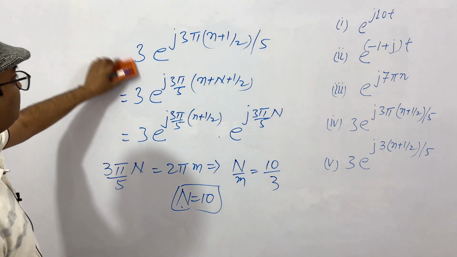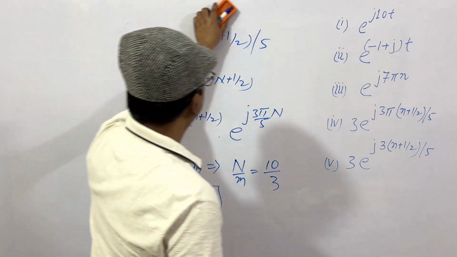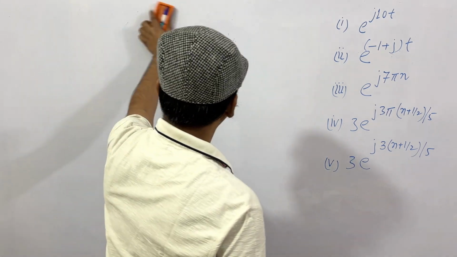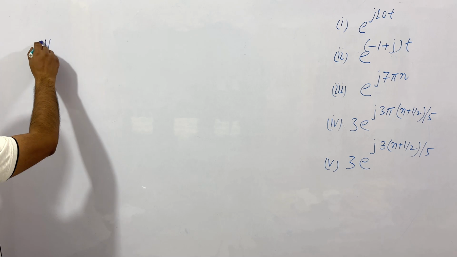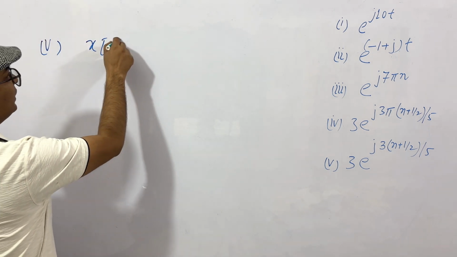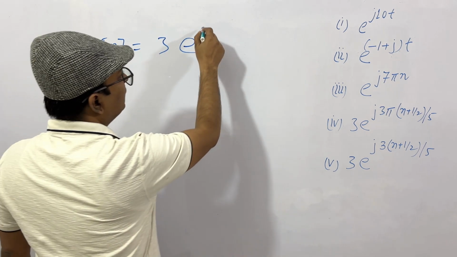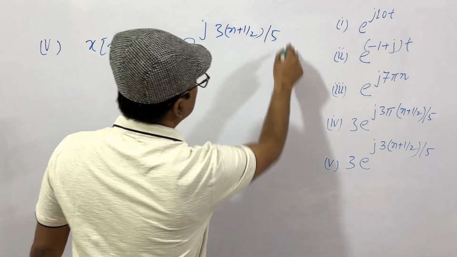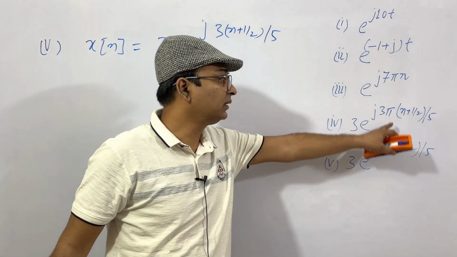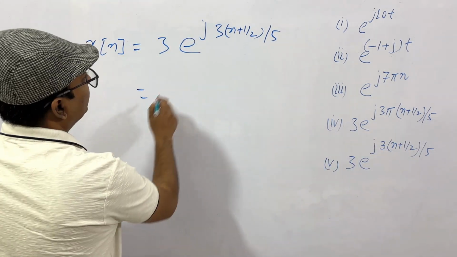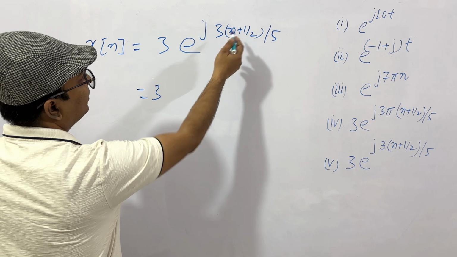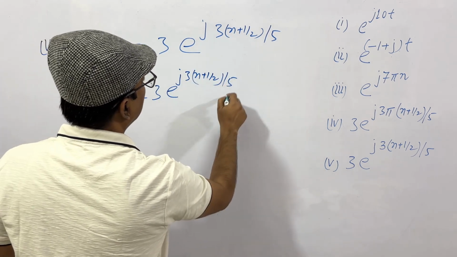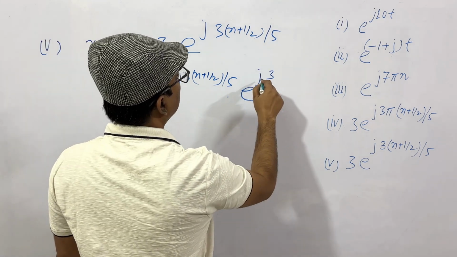Now let's see the fifth one. This is also discrete. x[n] is 3e^(j(3n+1/2)/5). Is that the same signal? No, we had pi here. Here pi is missing. So similar to that, we expand by n plus N, so that we get 3 e^(j(3n+1/2)/5) into e^(j3N/5).